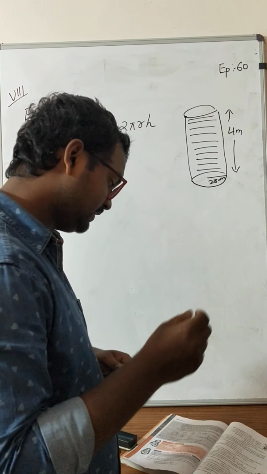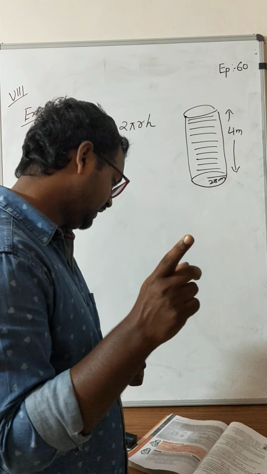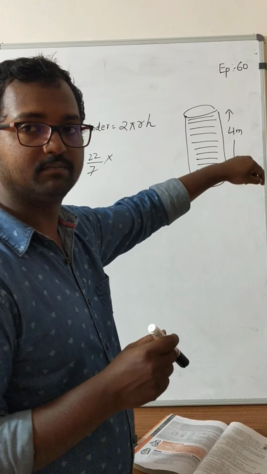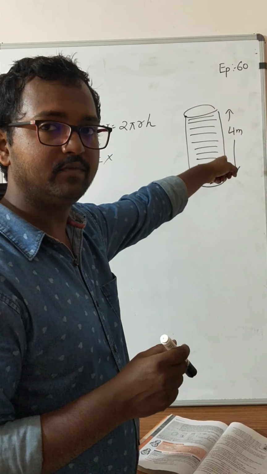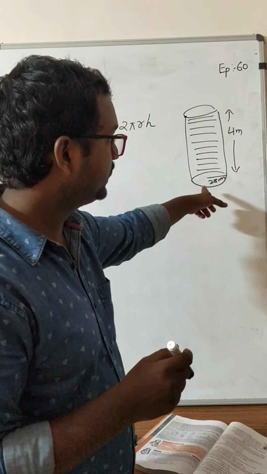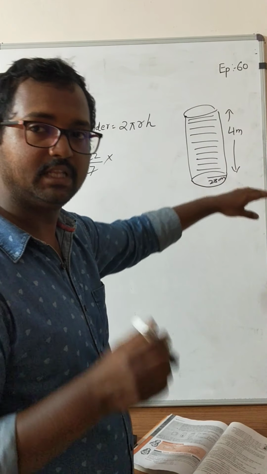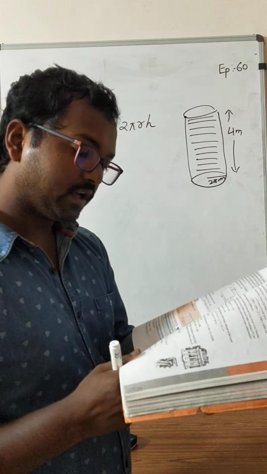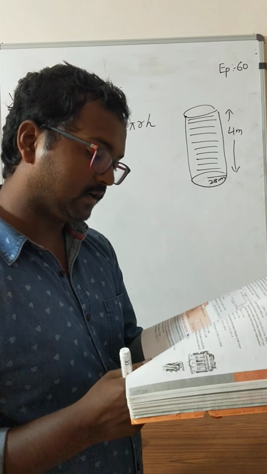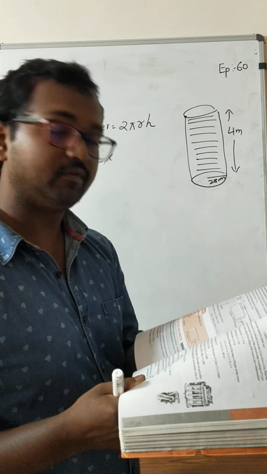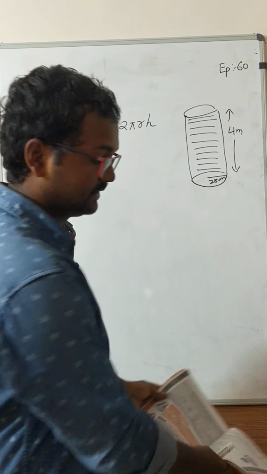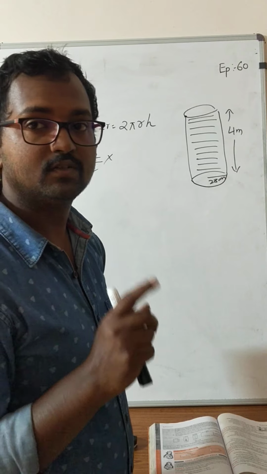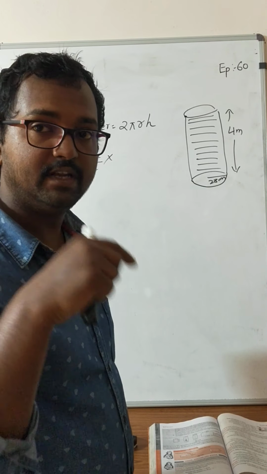As you can see, we have an option of converting the height from meter to centimeter, or converting the centimeter to meter. But in the question it is given that the rate is 8 per meter square, which means for 1 meter square the cost is 8 rupees. So it is given in meter square.